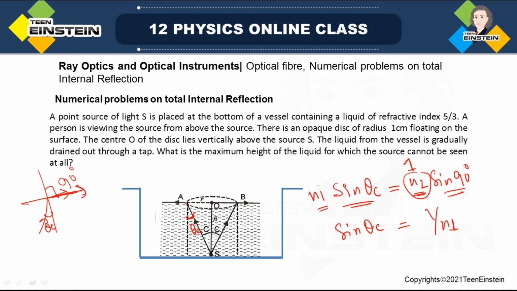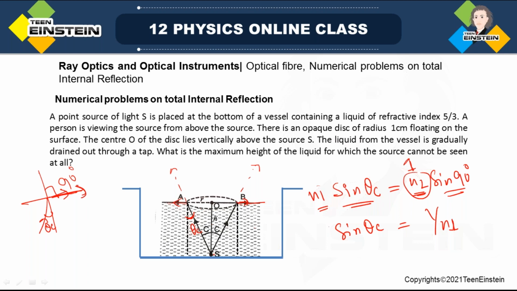That means the light rays will be passing along the surface. It will no longer go to your eyes. They will just be on the surface of the water, the interface itself. So whatever you see, you must be able to see in this range.